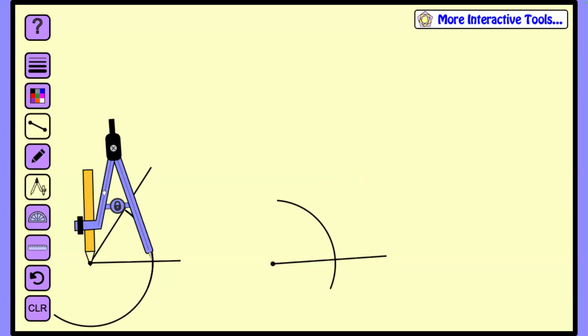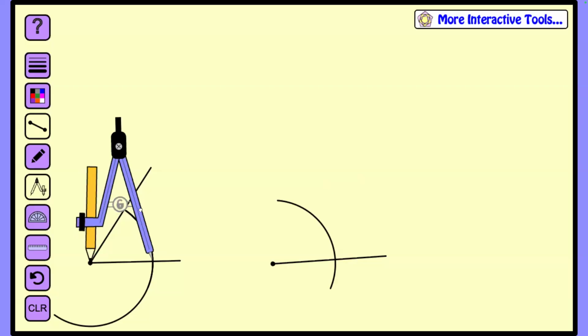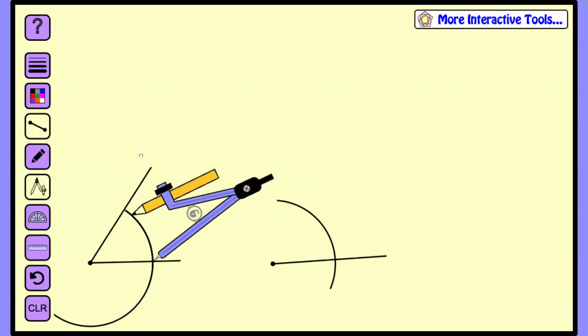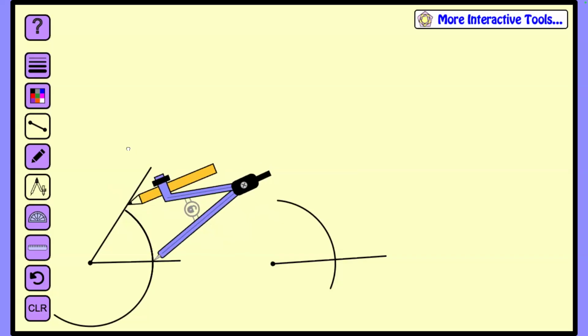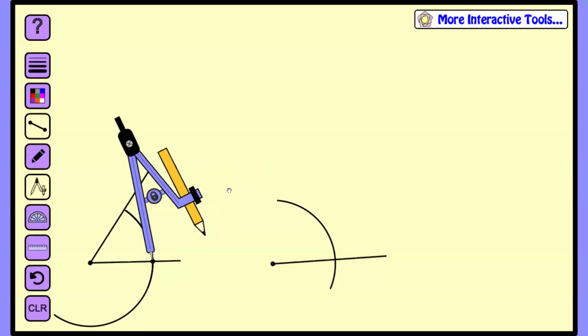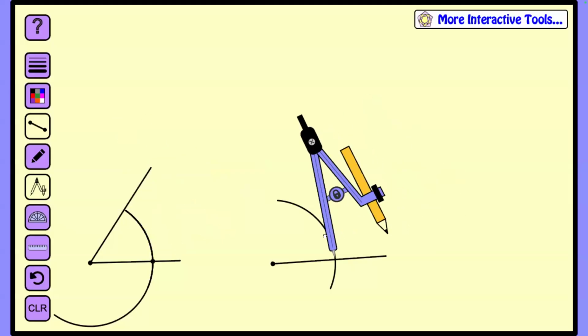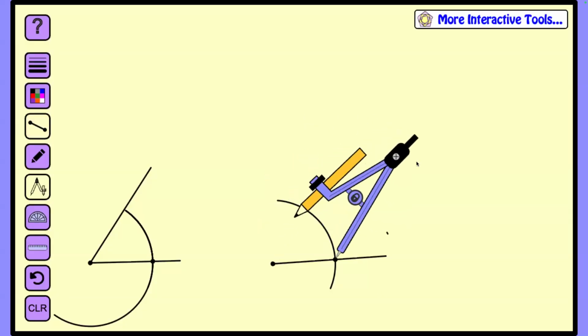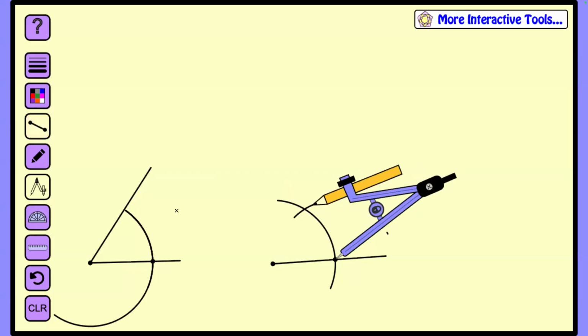Now what do you do? Unlock it, measure this, see, wherever the arc is touching the line, right? Measure that, lock it. Then move it, bring your compass here. You have locked it, right? So you don't have to worry. So you're going to cut the arc. Now you know what you do?